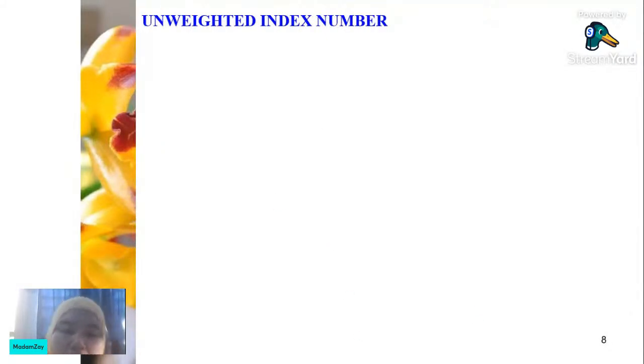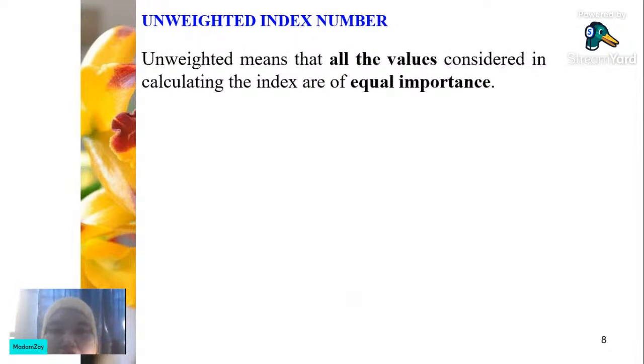So unweighted index number. Unweighted means that all the values considered in calculating the index are of equal importance. So we are not giving some of them weight as the priority. We just assume everything is equally important.